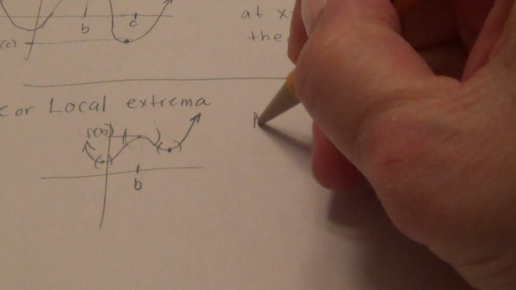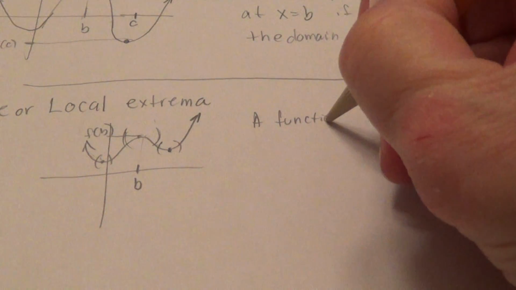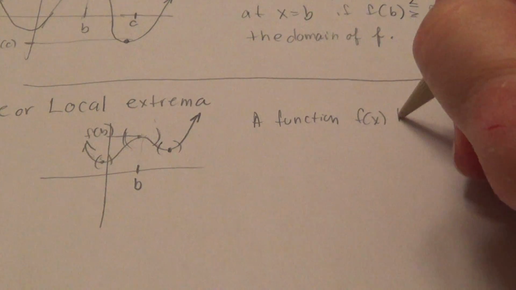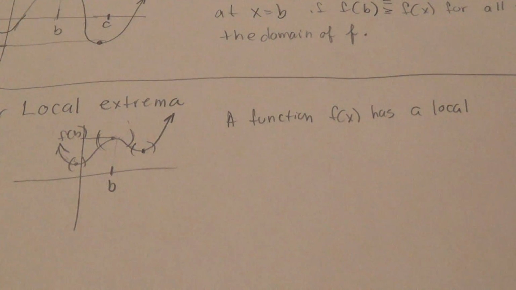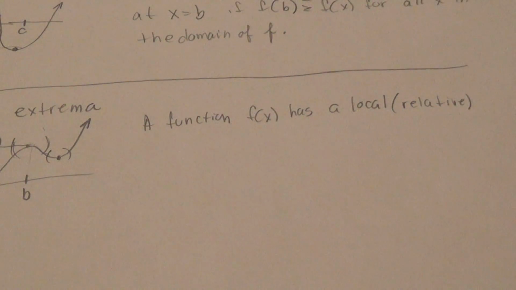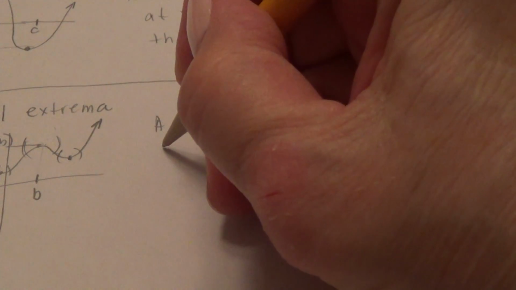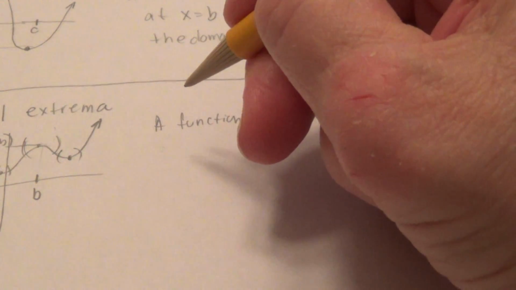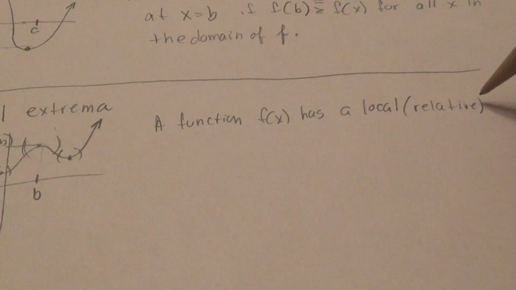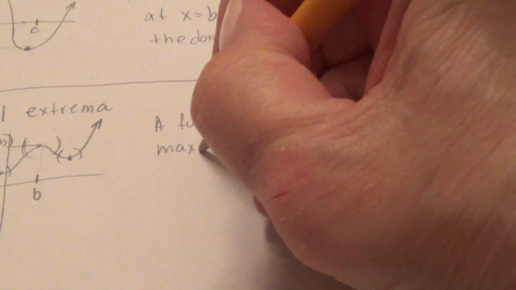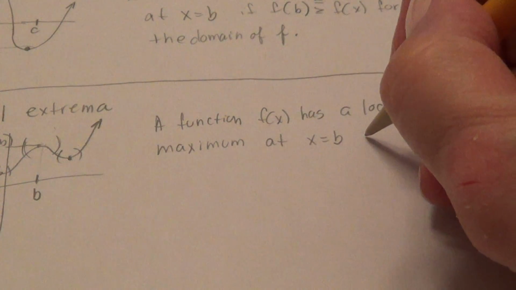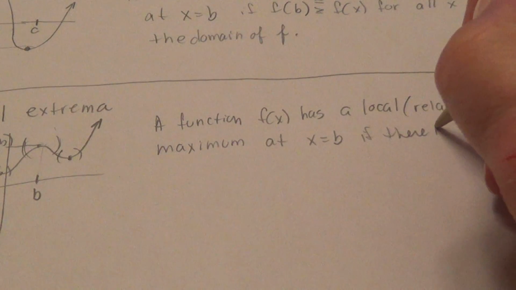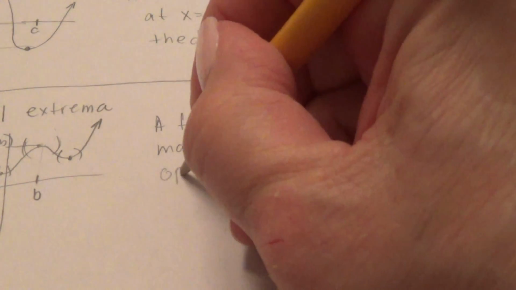A function f of x has a local or relative maximum at x equals b if there is an open interval.